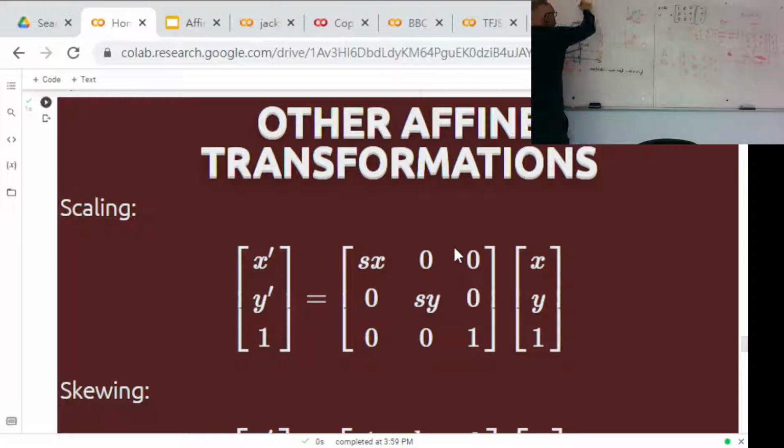So if before my image looks like this, then after the skew it will look like this sort of thing.